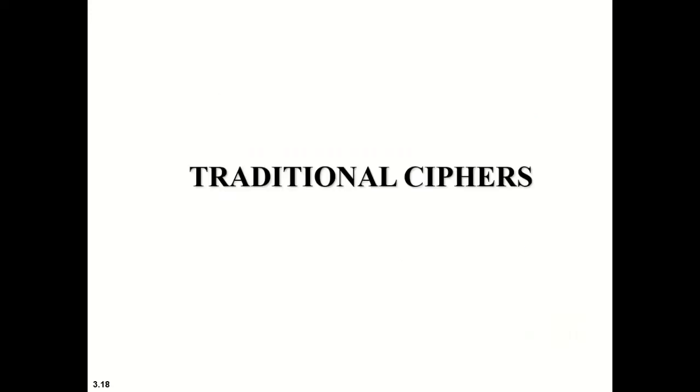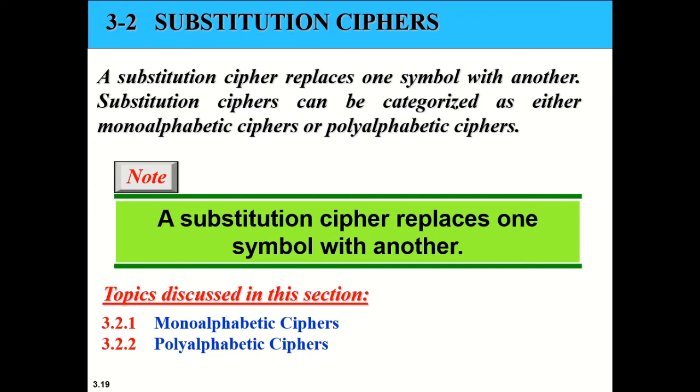Okay, so the next topic is traditional ciphers. These traditional ciphers include a number of ciphers, which are substitution cipher and transposition cipher.